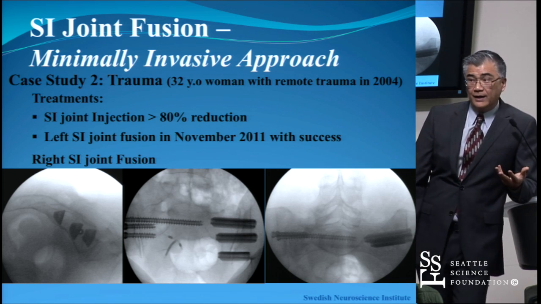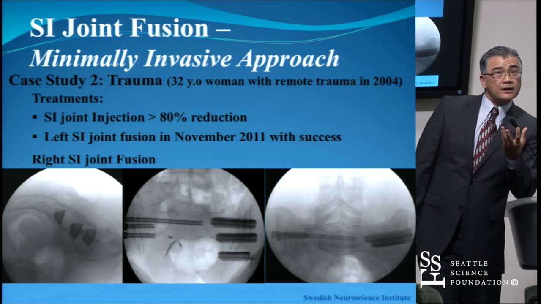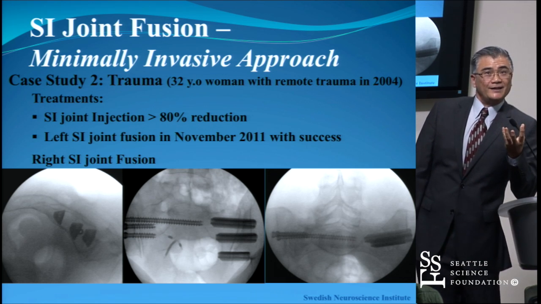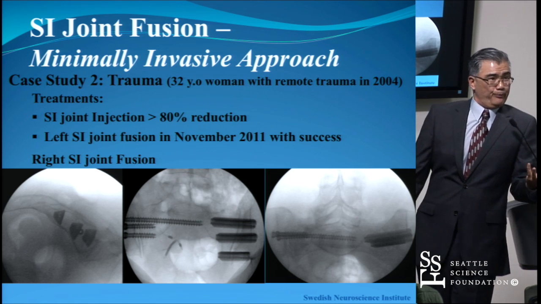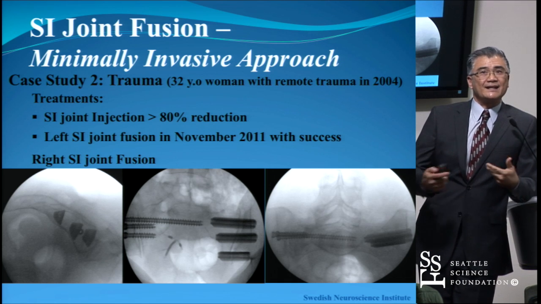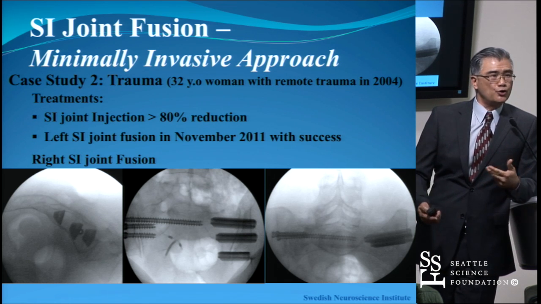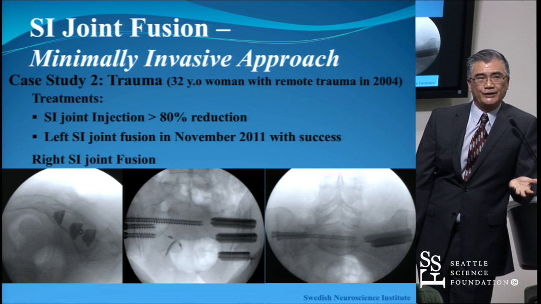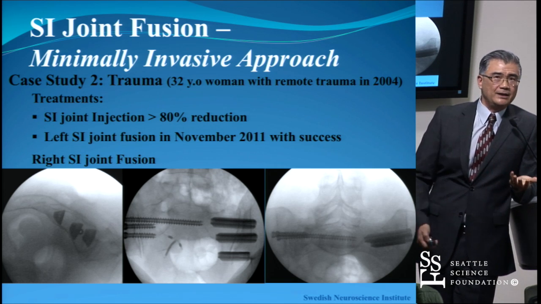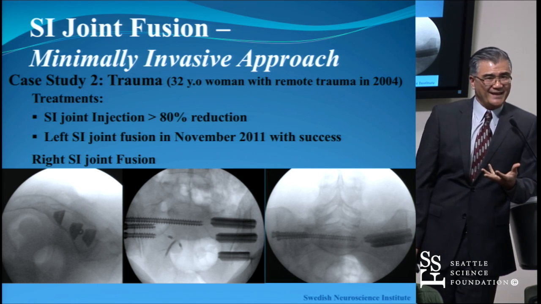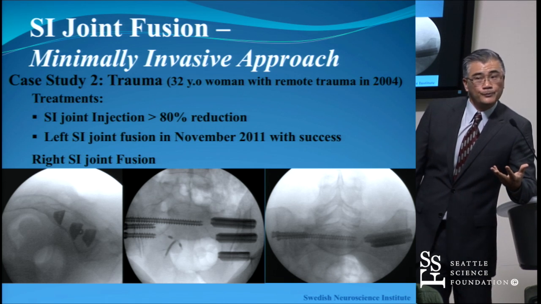They put in 3 Home Depot-like screws holding the SI joint, and she actually got better. But then the other side gave her the problem. She was supposed to go back to the surgeon, but the surgeon retired. So that's how she ended up with me, and I put in something a lot more expensive than the Home Depot screws, and it still worked.